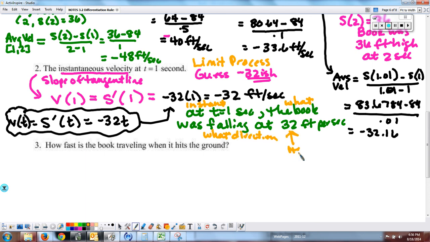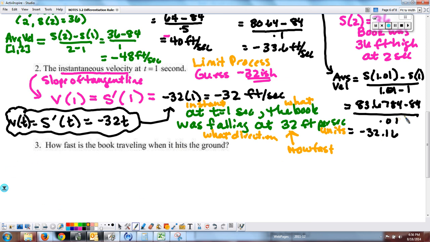How much? How fast? And always include units. You must have all 5 of these components in your explanation or your interpretation. What instant? What direction was it going? How fast? And what were your units? If you have all of that, you will get full credit on a free response for this.